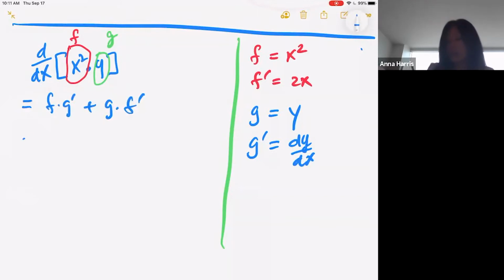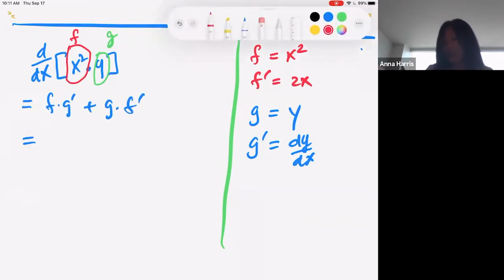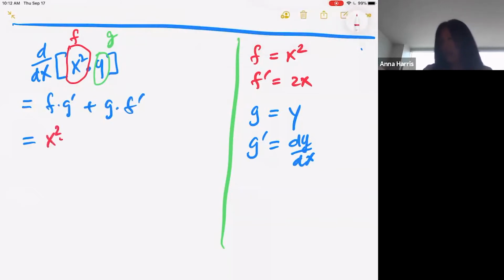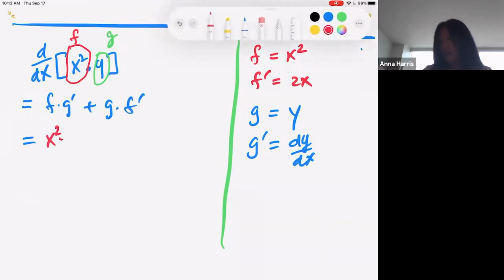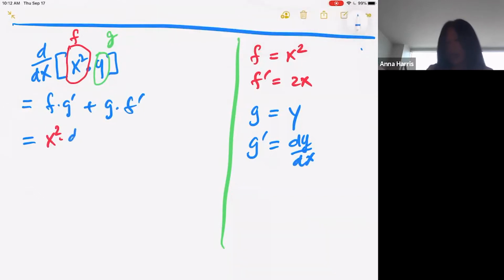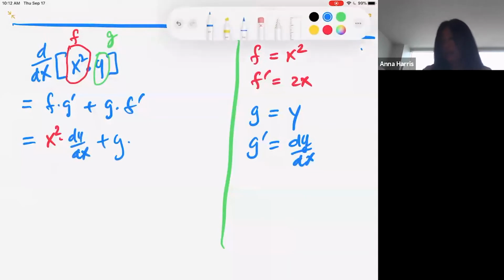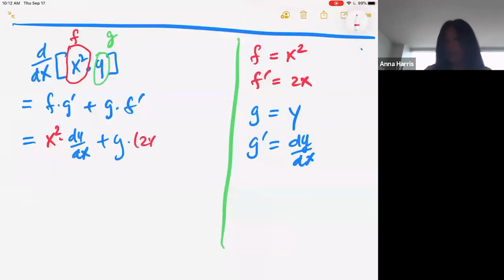So we just simply plug in what f is. f is x squared, and g prime is dy dx, plus g is y, f prime is 2x.